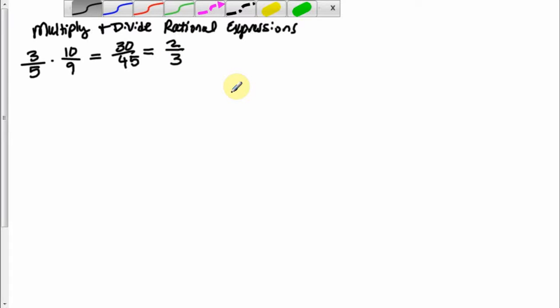Okay? We could use our knowledge of simplifying like factors in the problem before we do the multiplication. So you can reduce or simplify any numerator with any denominator when you are multiplying fractions.